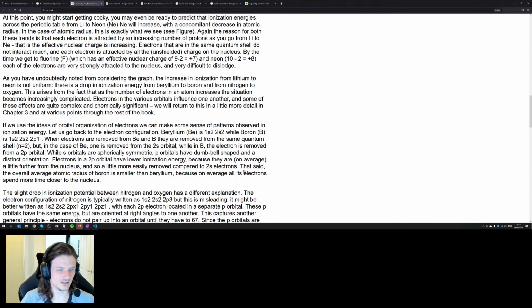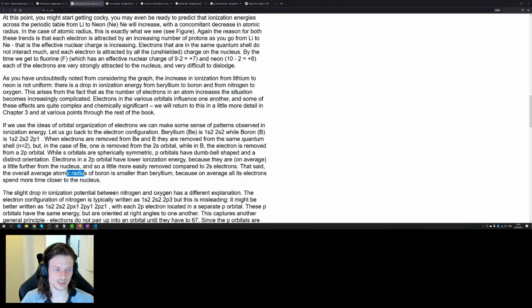Let me read that again. Electrons in 2p orbital have lower ionization energy. Okay, this makes sense because they are, on average, a little further from the nucleus. That makes sense. And so a little more easily removed compared to 2s electrons. Makes sense. That said, the overall average atomic radius of boron is smaller than beryllium because on average, all its electrons spend more time closer to the nucleus.